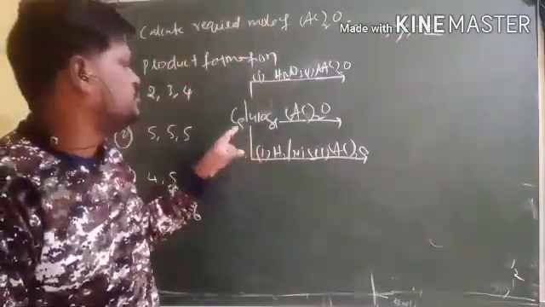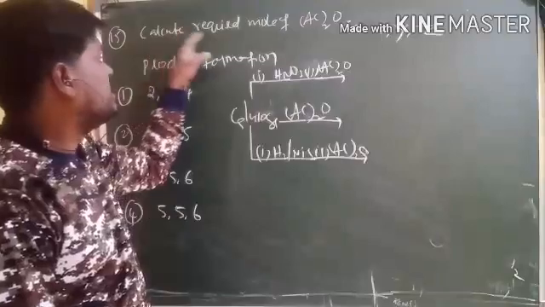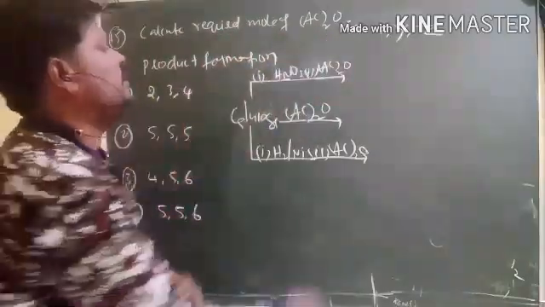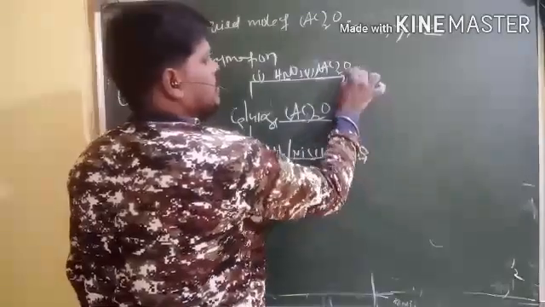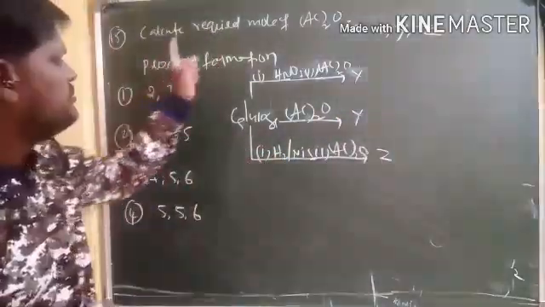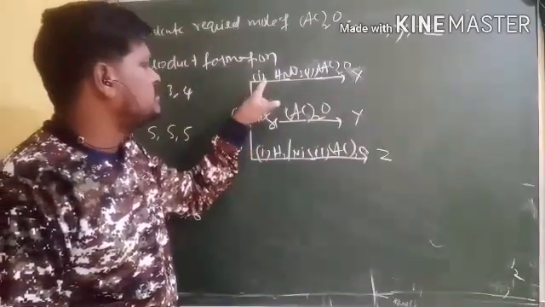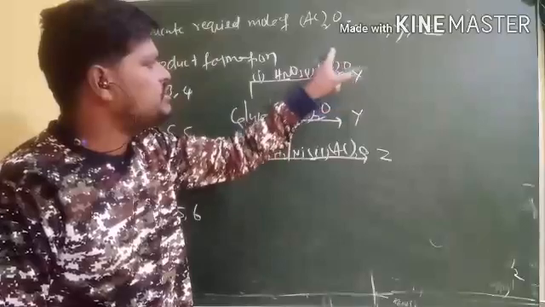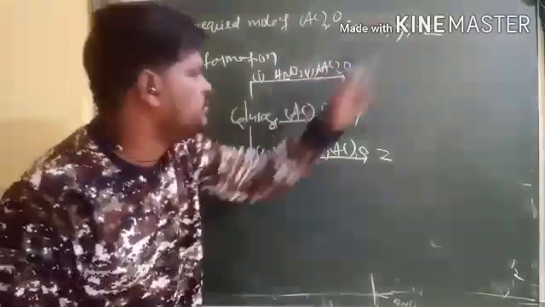Product formation. So these questions are: calculate the required number of moles of Ac2O in X, Y, and Z. Product formation: when glucose reacts with HNO3 and Ac2O, how many moles of Ac2O are required?